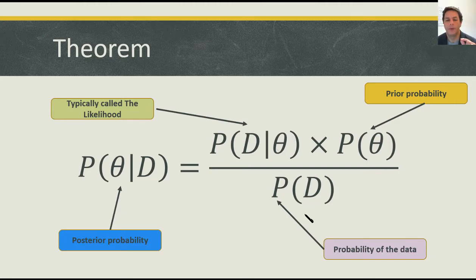parameter value. And then we multiply by the prior, and that, with just this part, becomes what we say proportional. What we calculate here is proportional to the posterior. Sometimes this probability of the data is very difficult to calculate, and we don't calculate it.